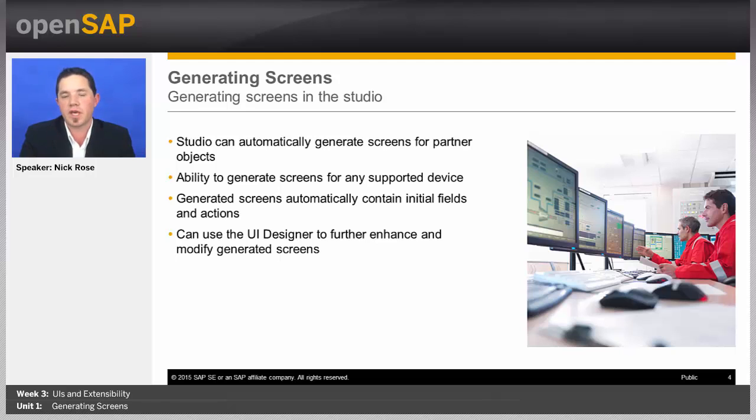And then after that, we can use what's called the UI designer to enhance these screens and further clean them up. The UI designer is the tool that we use to actually change and modify screens. And it was installed automatically when we installed the SAP Cloud Application Studio. So let's go ahead and go into the studio and generate our screens right now.